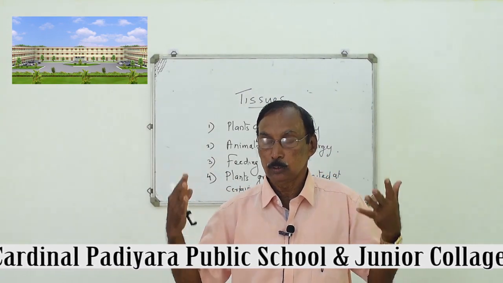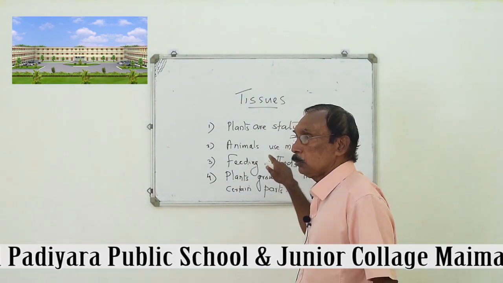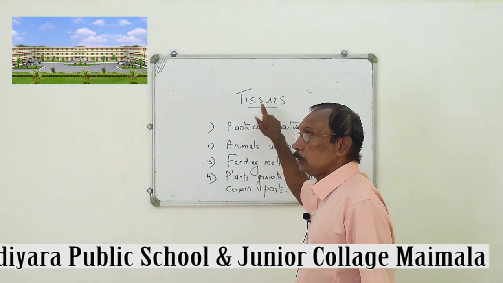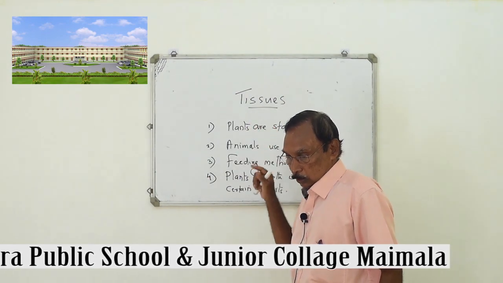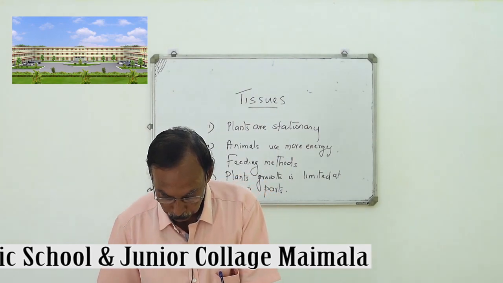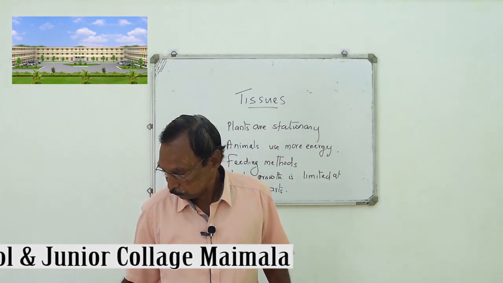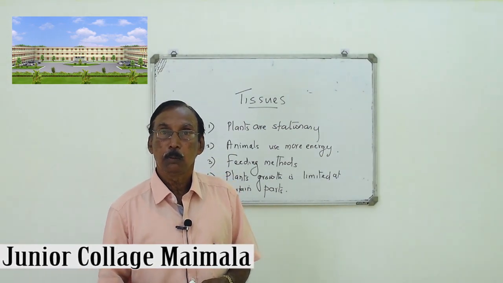But animal growth is uniform. Because of these differences between plants and animals, tissues are also different. So we are going to see the important tissues in plants. Now, first we are going to discuss plant tissues.